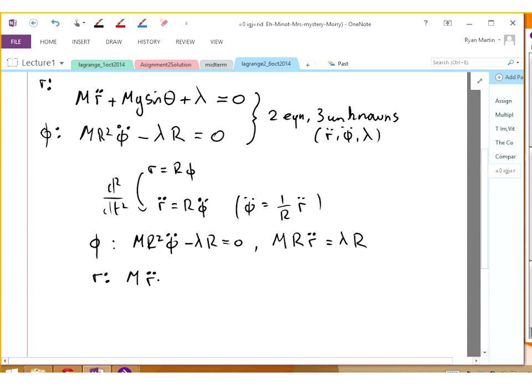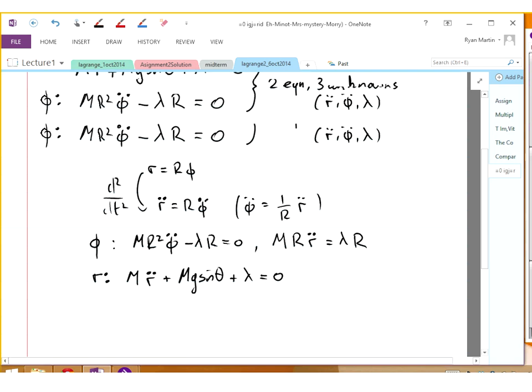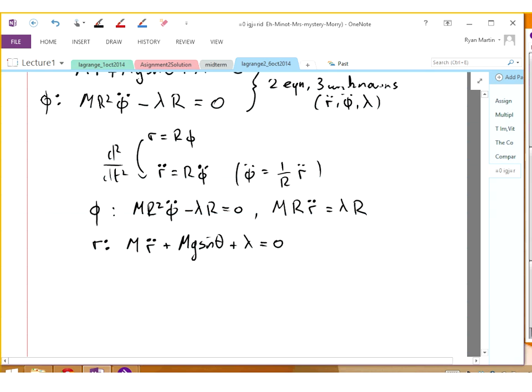So if I put that into the r equation, I have m r double dot plus mg sine theta plus lambda equals 0. Now let's say I want to solve now for lambda to get some insight of what this lambda means.